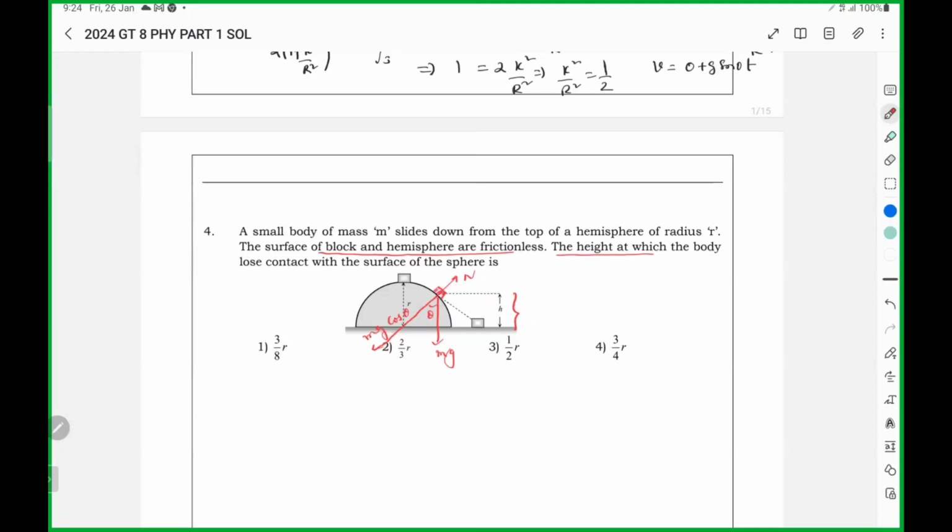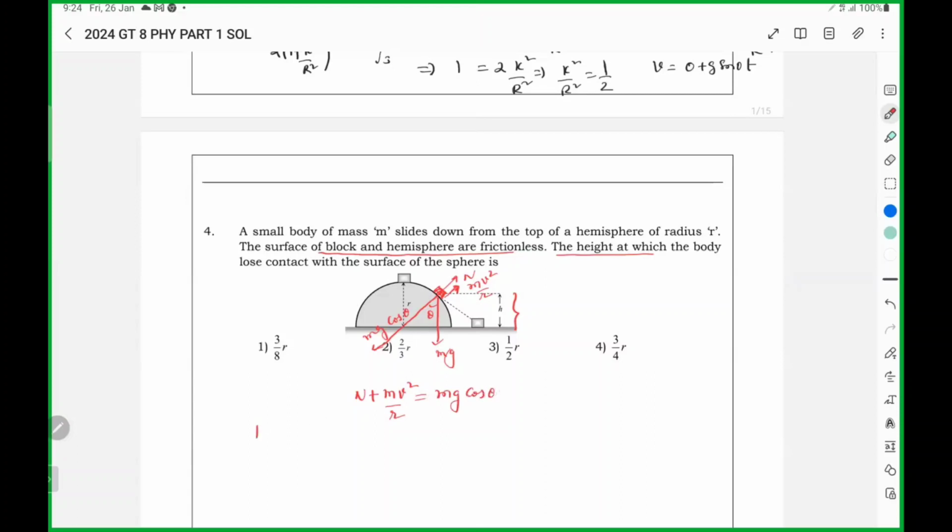In the non-inertial frame, actually it is moving in a circular path, with centripetal acceleration and centripetal force towards this. So now you solve the problem with respect to the non-inertial frame. The pseudo force acts on this in the opposite direction to the centripetal force. That is N plus mv square by r is equal to mg cos theta.